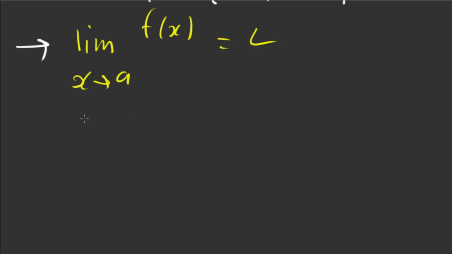So property number 1, let me just change color. Property number 1, friends, is: if you see this limit as x goes to a of f of x is equal to L, this is what we have in general.